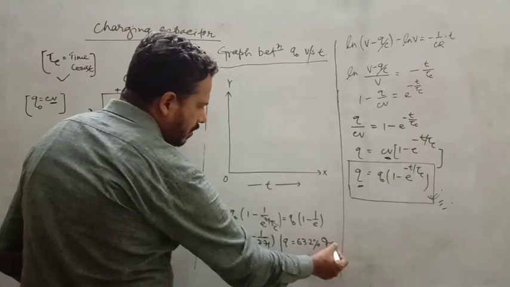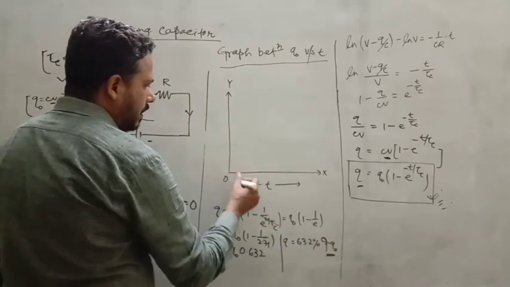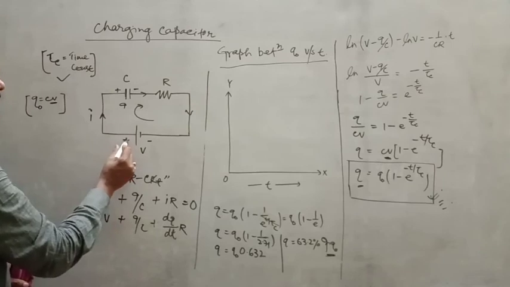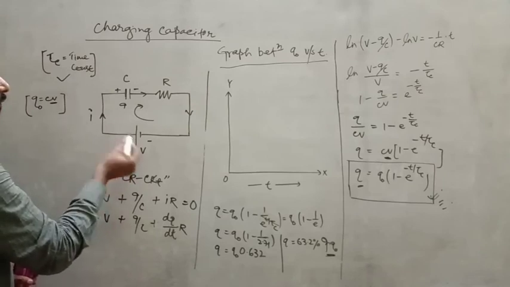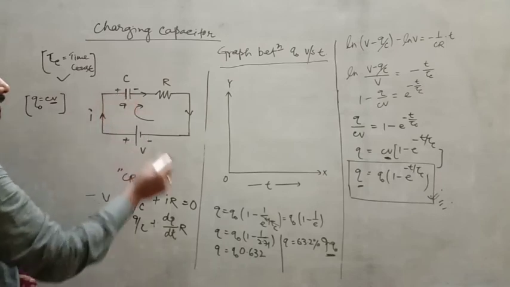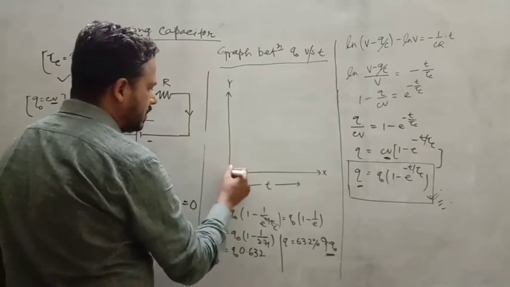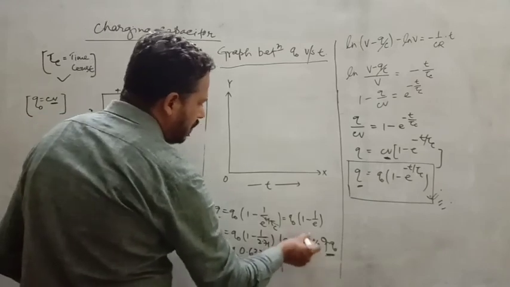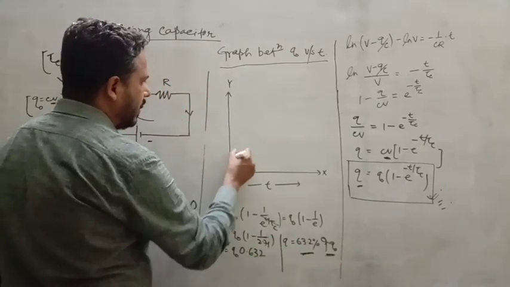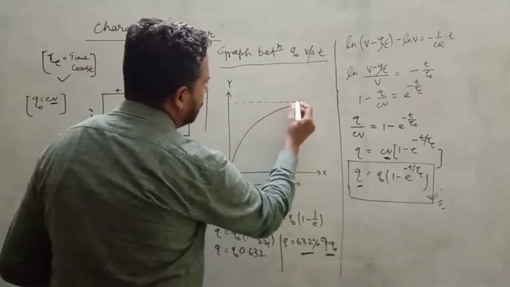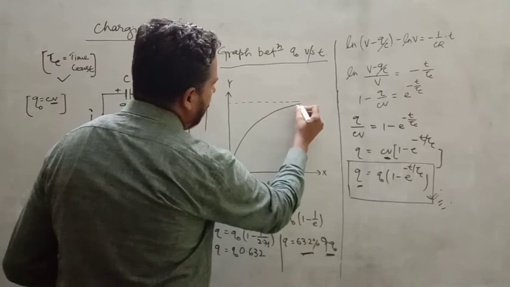So when it is connected to the positive terminal, before connection the charge stored on the capacitor is completely zero. As time passes, it will be charged up to 63.2%. And then we will go to infinite. You see here that it's going to infinite.